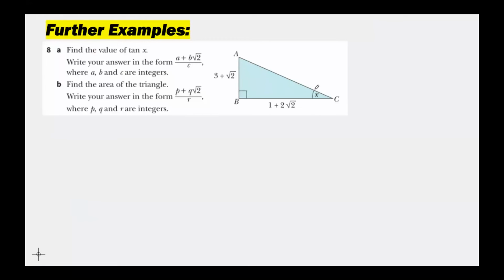So if this is your angle x, tangent, remember your SOHCAHTOA. If you're dealing with a tangent, that means you're dealing with TOA, right? So tangent, TOA means tangent is just equal to the opposite over the adjacent.